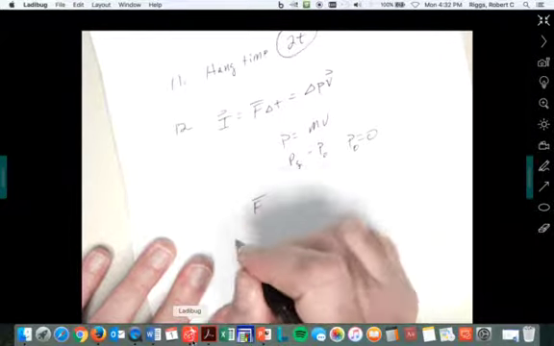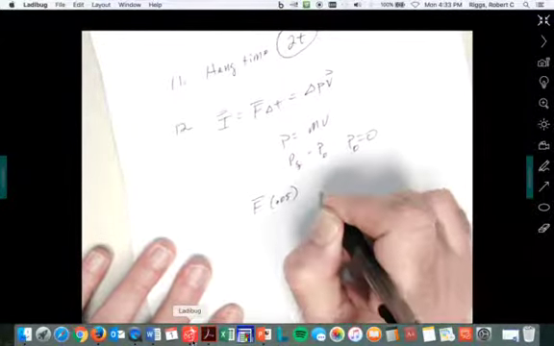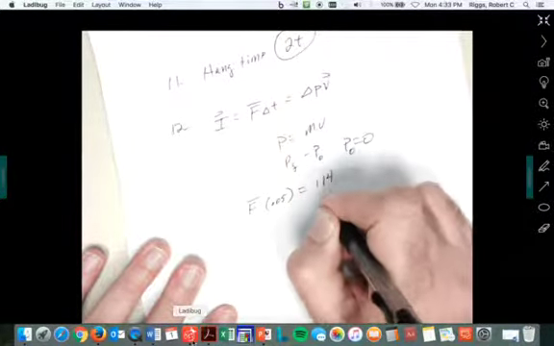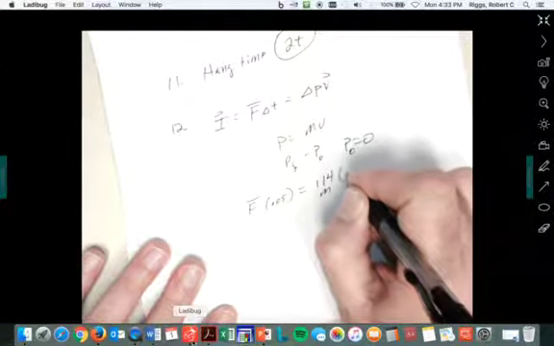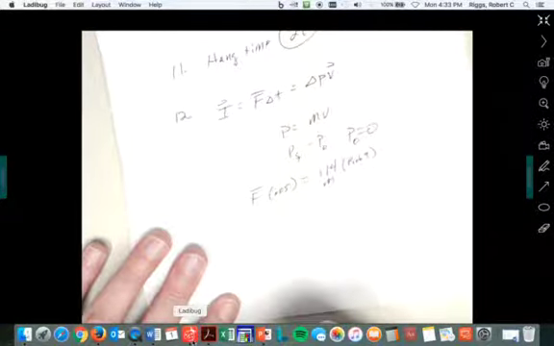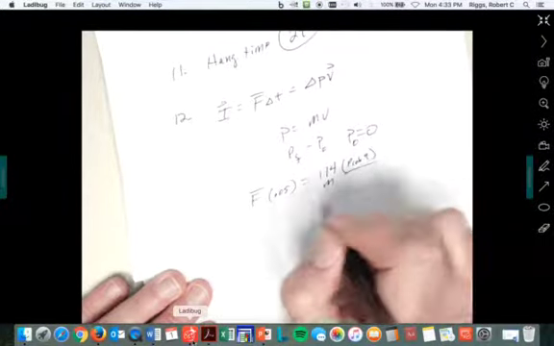We know that F times 0.05 is equal to 114, that's his mass, times that answer we got in problem 9. So what's the only thing we don't know? Well, we found the velocity in problem 9.